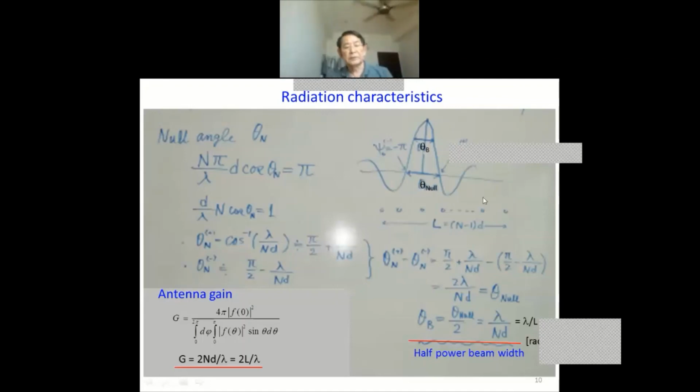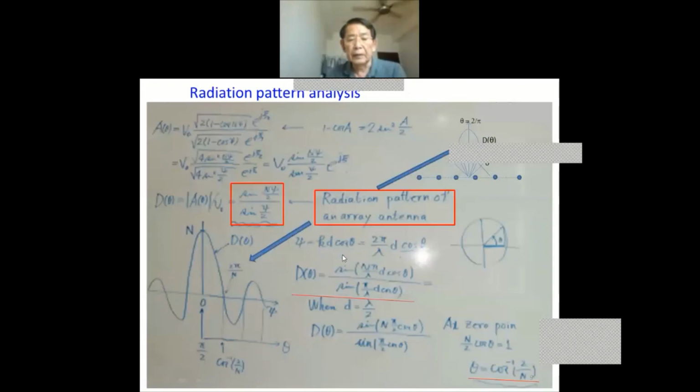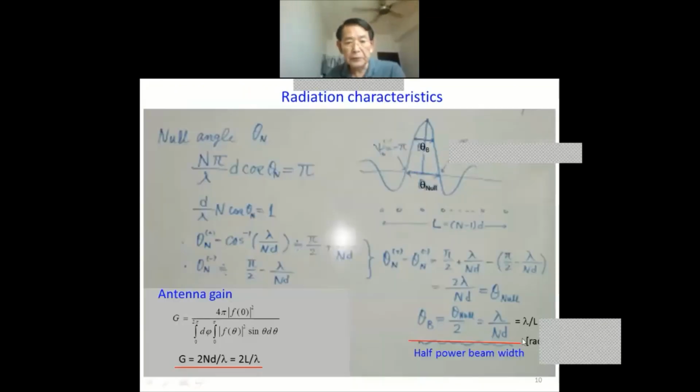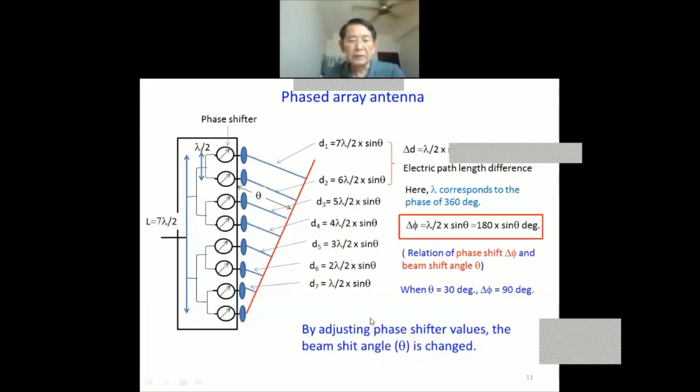So this is the fundamental equation of how to calculate the radiation pattern, and this is the radiation pattern function. By using this function, we can obtain gain and sharpness of beam. So, the beam direction is fixed in this case.